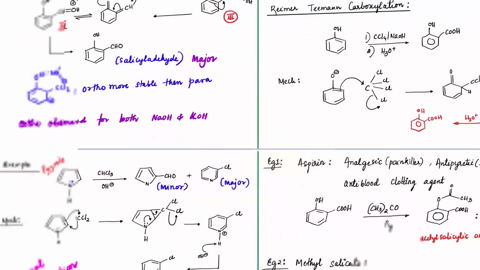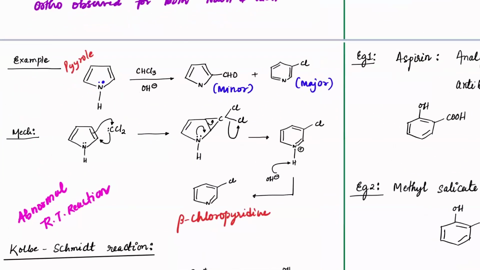Okay. Next, abnormal Reimann-Tiemann reaction. This is the abnormal Reimer-Tiemann, which means if you take pyrrole, this is called pyrrole, and react with chloroform and OH minus, this will give you the alpha position as minor product, and this position you will get it as, sorry, I wrote the reverse form here, my mistake.